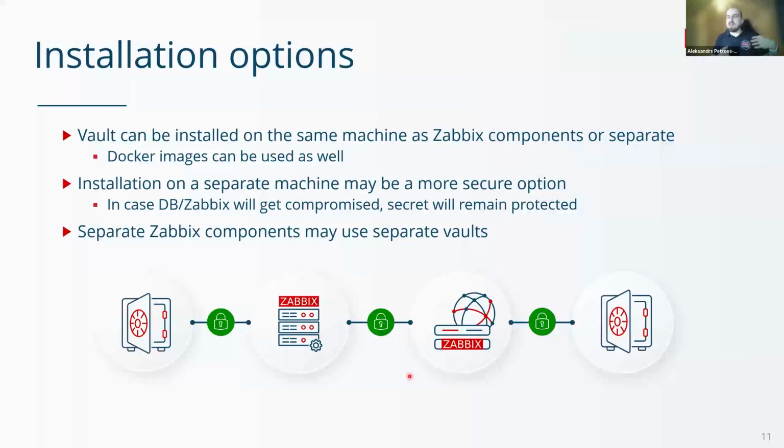So Zabbix server can have access to its own vault. Zabbix proxy can, and each Zabbix proxy can have access to its own vault, right? And then the frontend also. But then, of course, you need to keep in mind that you will need to manage a lot more installations and somewhat a bit more resources. But that depends on how secure you wish to get. Again, even having one vault can be very much enough.